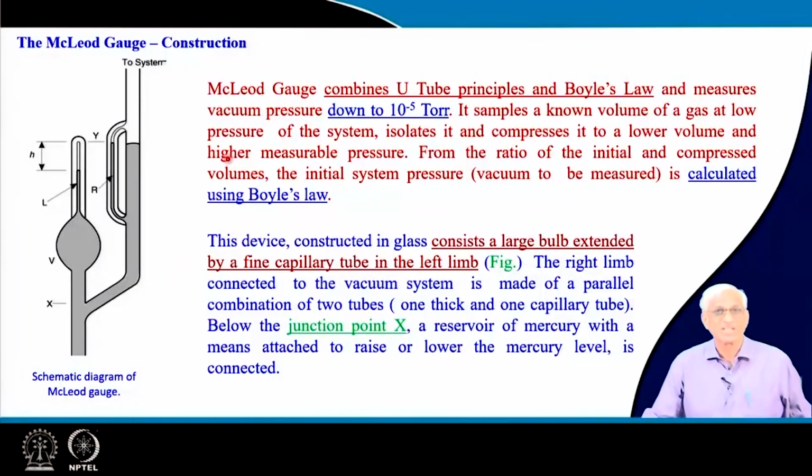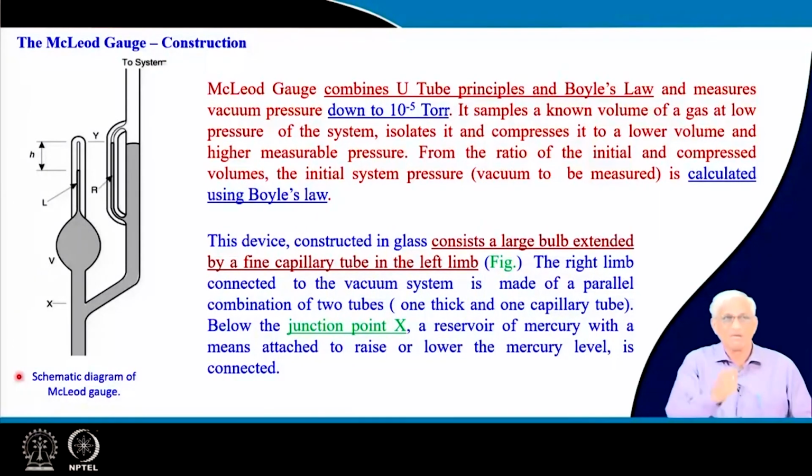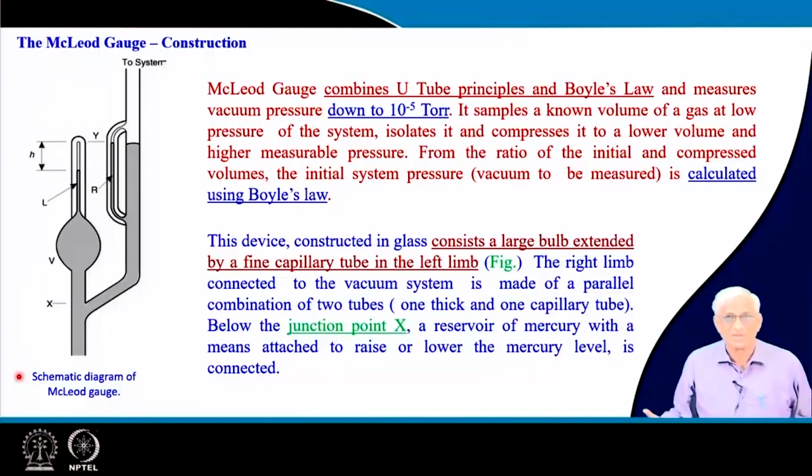So what McLeod has done is, instead of continuously measuring like a U-tube manometer, he collected a sample of gas through a big pipe, by lowering this mercury down. Several varieties of mechanisms are there. You can have a pump, or you can have another U-tube connected for up and down measurements. There are varieties of things depending on the convenience you want.